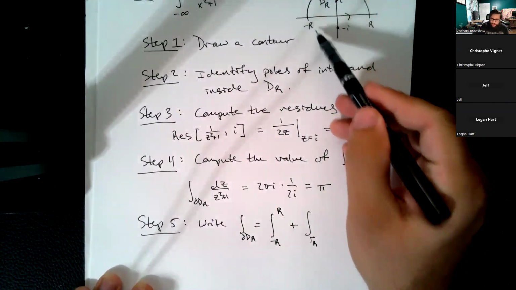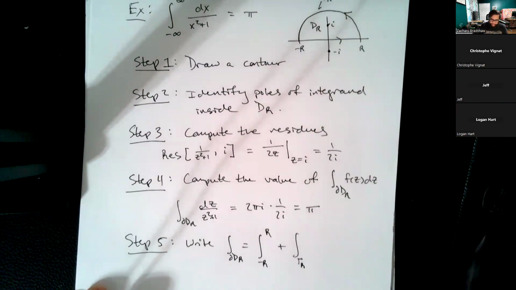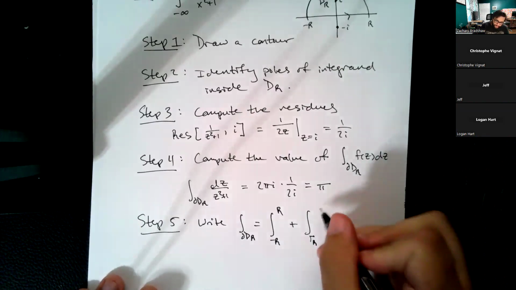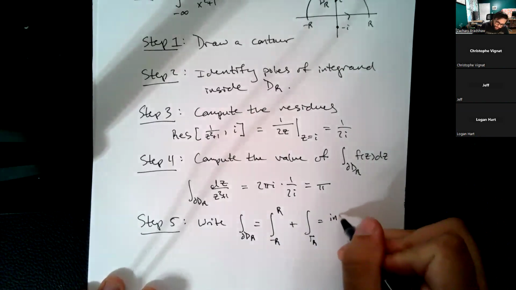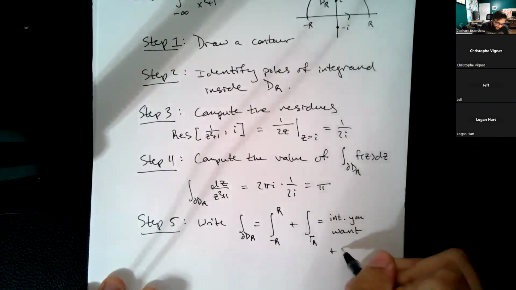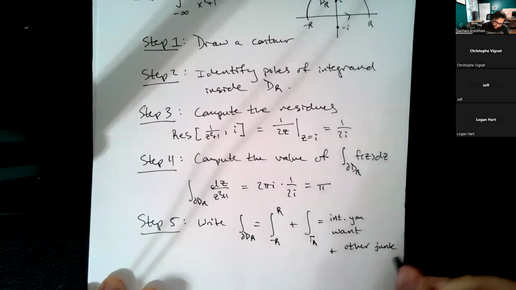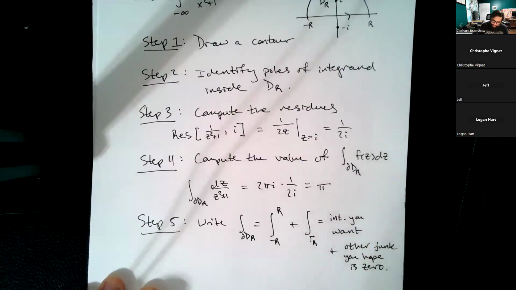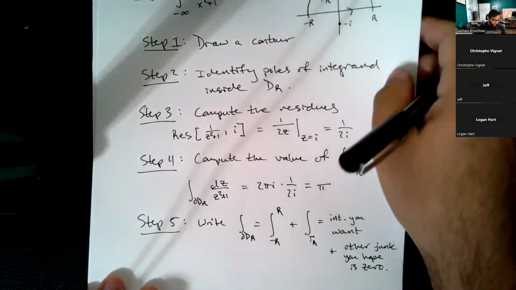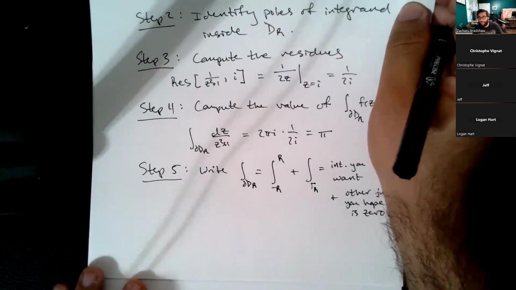So the integral along here plus the integral along here. And this will be the integral you want plus the other junk. Other junk you hope is 0. And now what we want to do is show that the other junk does in fact go to 0 as r goes to infinity.